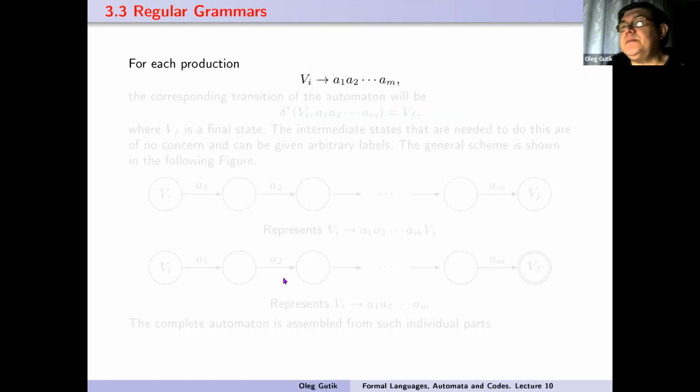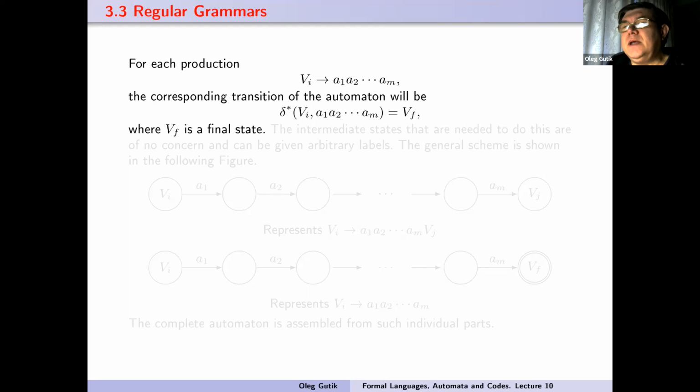For each production V_i into a1, a2, so on, am, the corresponding transition of the automaton will be delta star of V_i, a1, a2, so on, am is equal to V_F, where V_F is a final state.